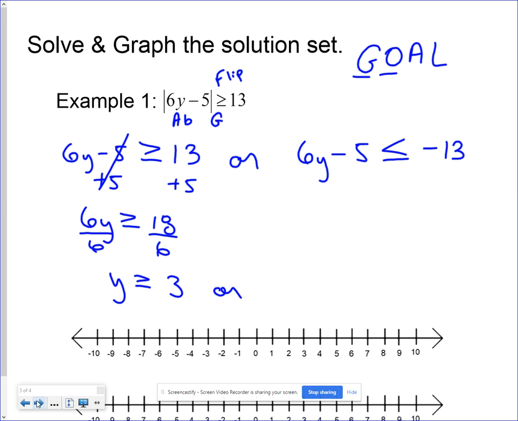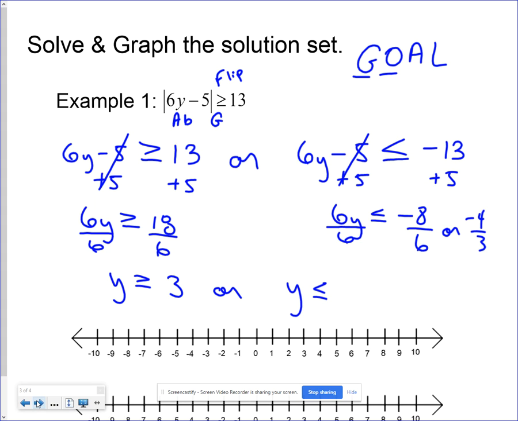Or, add 5. We get 6y is less than or equal to negative 8. Divide by 6. So we get y is less than or equal to, well, negative 8 over 6 is the same as negative 4/3. So that's negative 1 1/3. So this is our answer.